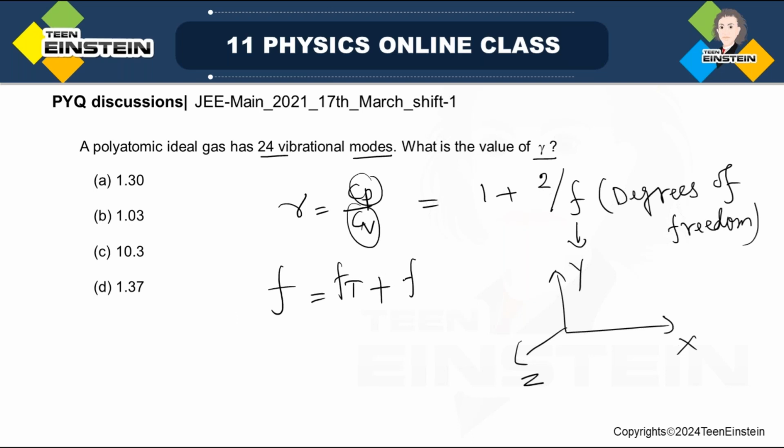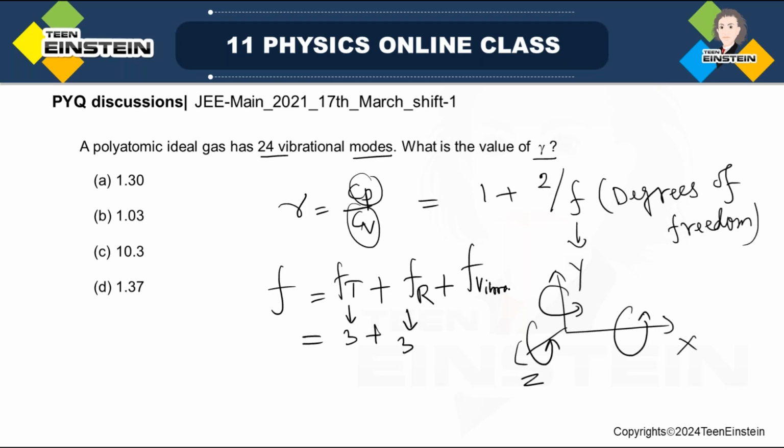Rotational degrees of freedom: the system can rotate about the x-axis, y-axis and z-axis, so I will have 3 rotational degrees of freedom as well.